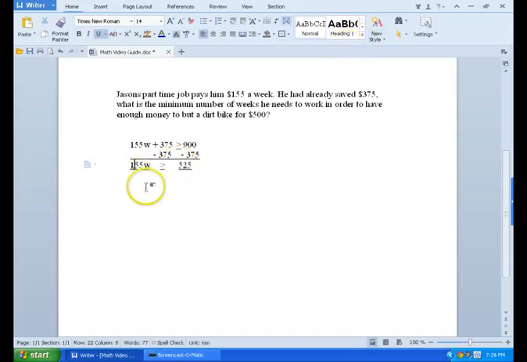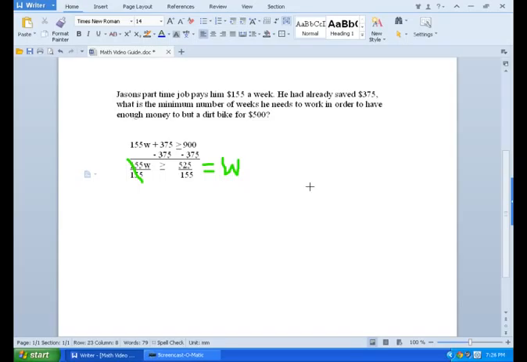So 155W, we put 155 on both sides. This cancels out, and we're left on the right side with 525 divided by 155 equals W. Calculating on my calculator, 525 divided by 155 equals 3.